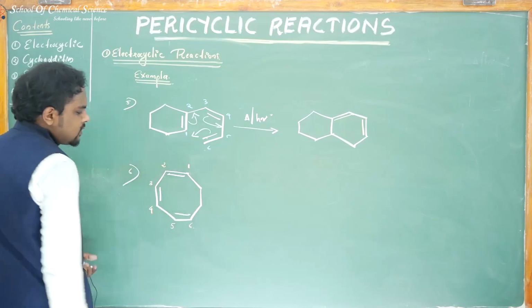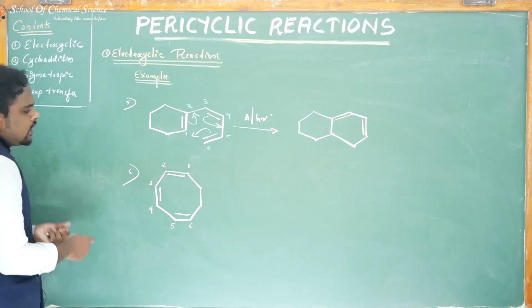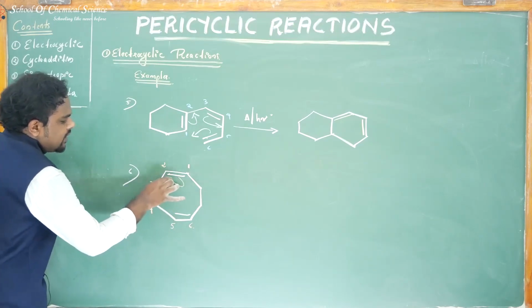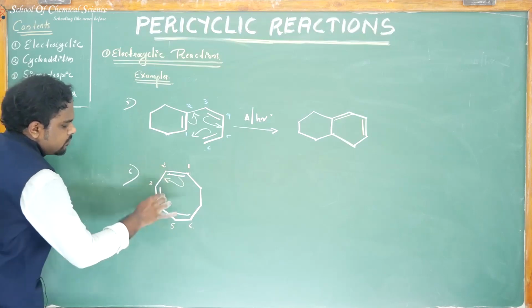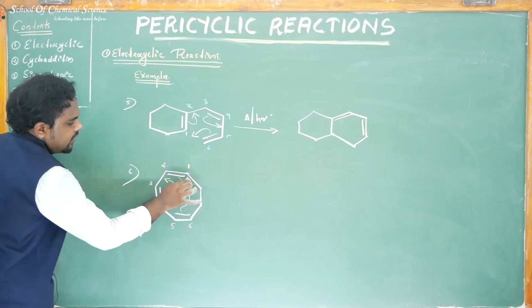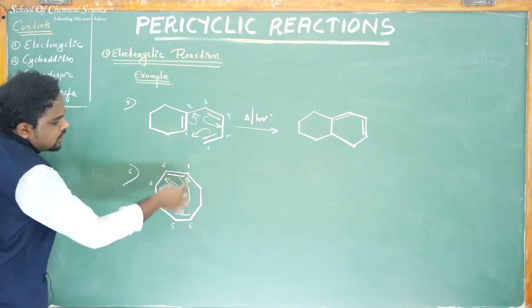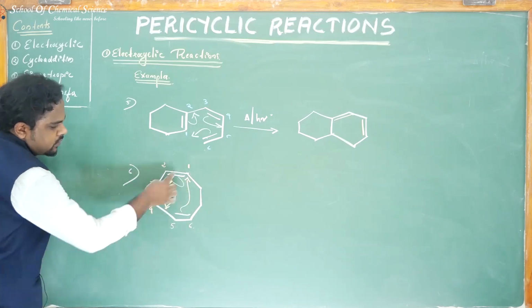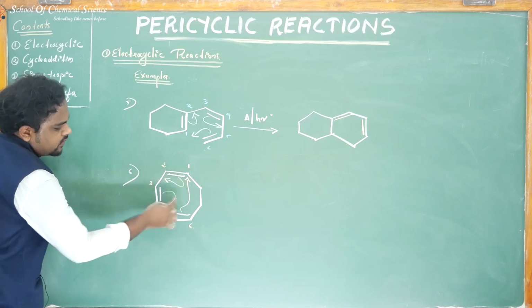On this carbon there is no pi bond. So cyclization is like this. This pi electron shifted towards here, this pi electron shifted towards here. This pi electron makes a sigma bond with the first carbon.